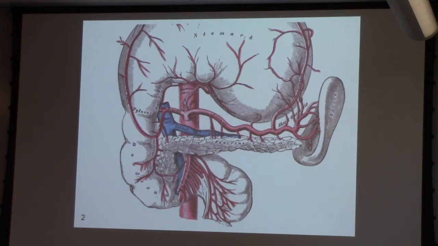Gastric artery towards the lesser curvature. You've got to stop moving the pointer around so I can see if you're right. What's the name? Gastric artery. Yes, that's the left gastric artery. Is this the celiac branch?